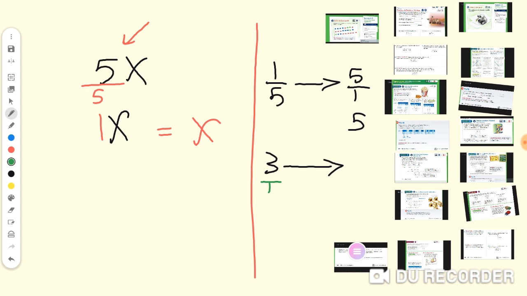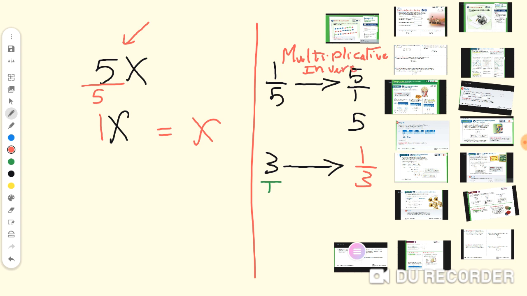So if we flip it, it will become 1 over 3. This is a multiplicative inverse. So to get x alone, if it is multiplied, I will multiply it with the multiplicative inverse.